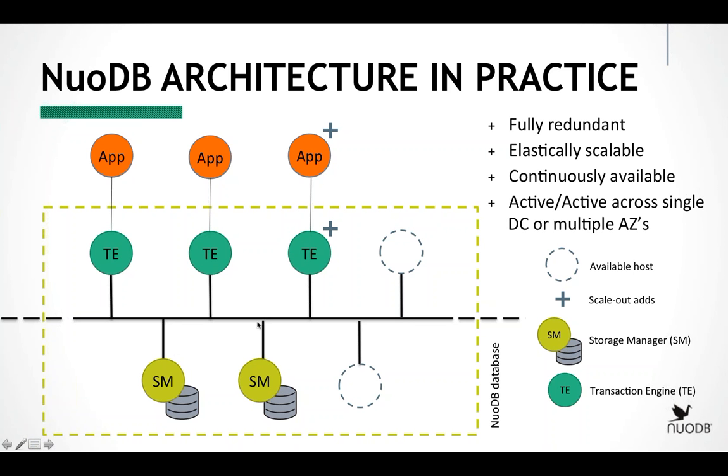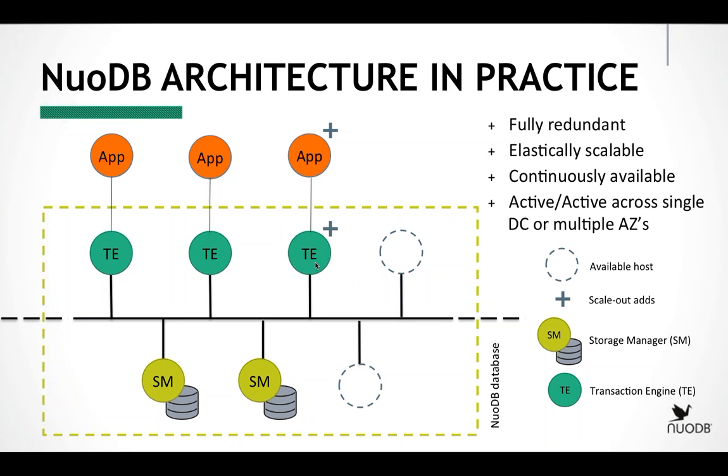As you can see in this picture, on the inside of NuoDB we have a couple of types of processes. We call them transaction engines, TE for short. These are the processes responsible for connectivity to the external applications, and they fulfill functions like SQL processing, SQL optimization, parsing SQL statements, caching records of the database, exchanging metadata with other processes, and garbage collecting records which haven't been used in a recent time.